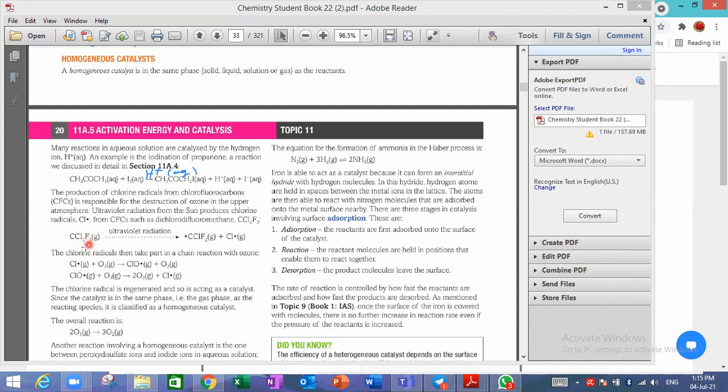That's why nowadays the chlorofluorocarbons are banned. They are not used at all nowadays, neither in refrigerators nor in aerosols, because this reaction happens in the upper atmosphere near the sun, where the sun provides enough energy to break the carbon-chlorine bond, forming a chlorine free radical.